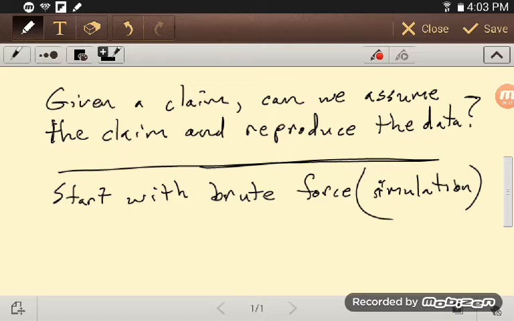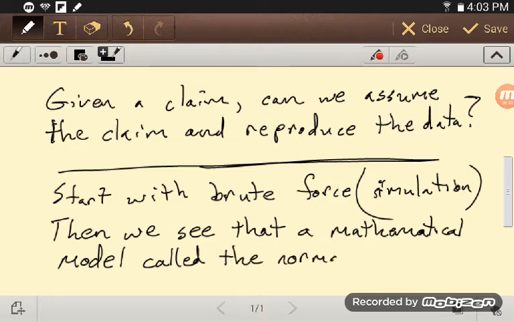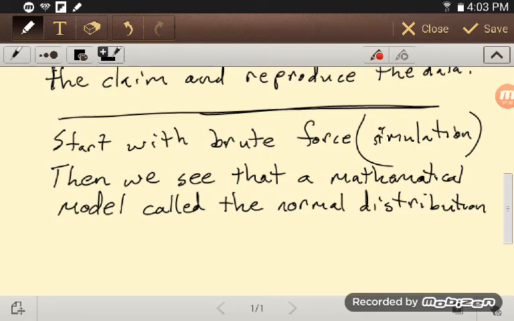So we start with brute force, but then we see that a mathematical model called the normal distribution saves us work.